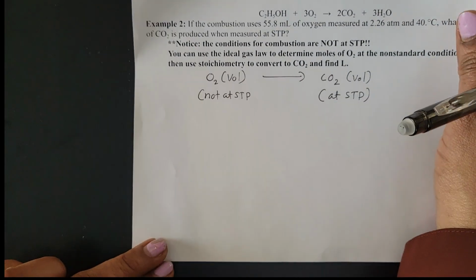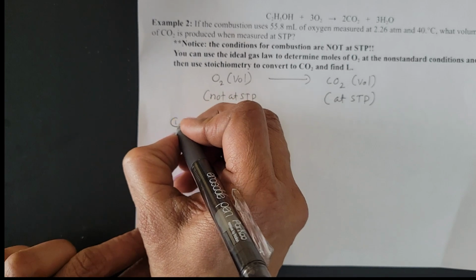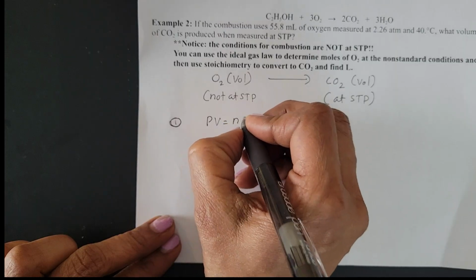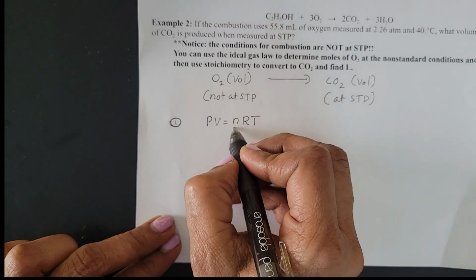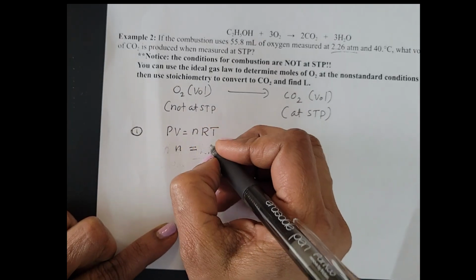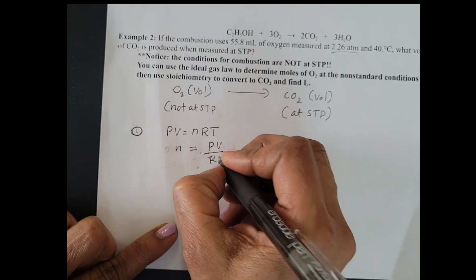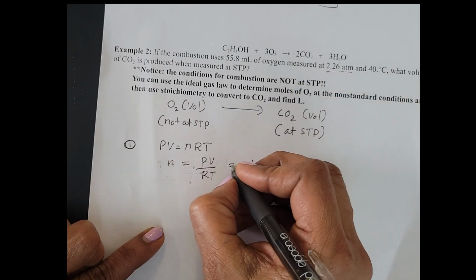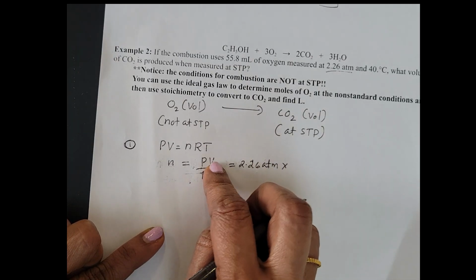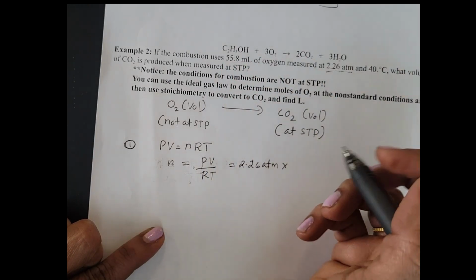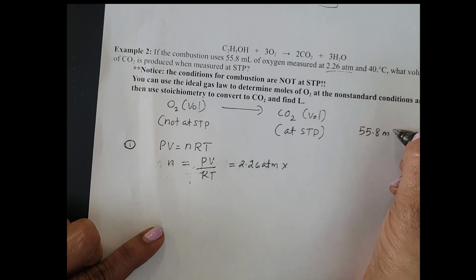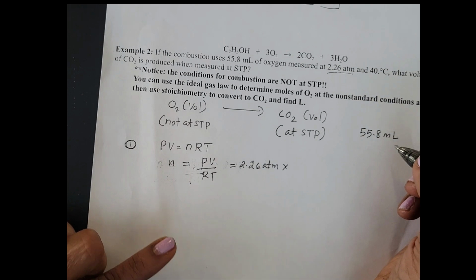So what you are going to do, the first step for this type of question, is use the ideal gas equation to find the number of moles, which is PV over RT. P is given, which is 2.26 atm. And volume is given, that is 55.8 mL. But remember, you can't use milliliters because the value of R is in liters.